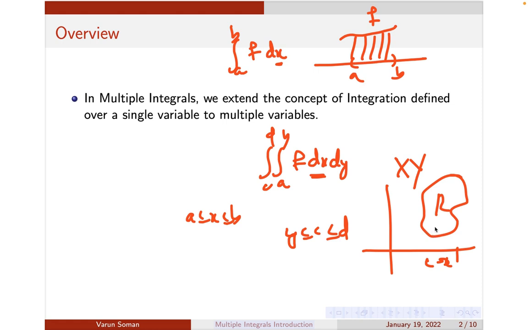That is the essential difference. When you have a triple integral, you will have a region in space, because there will be one more coordinate, which is z. So the dimensions will be increasing. The rest is just the same: you evaluate, you substitute, and you can do the questions. There is no new concept coming here, only the same old integration itself. The only difference is that you will have more variables.